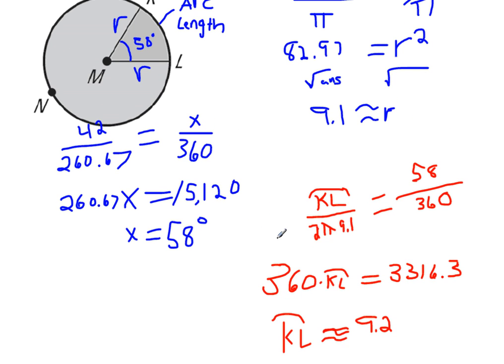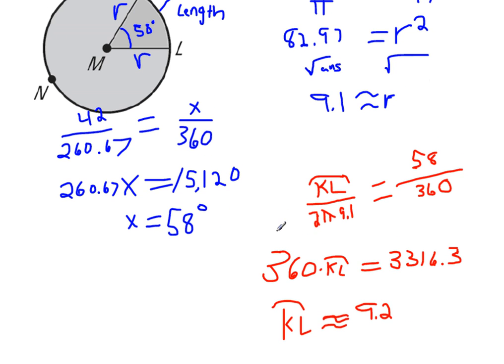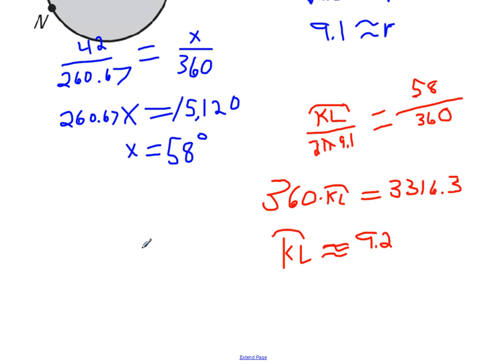Okay, so we have side lengths of this sector of 9.1, 9.1, and 9.2. And so if we add those up, 9.1 plus 9.1 plus 9.2, we will have our perimeter of the sector.